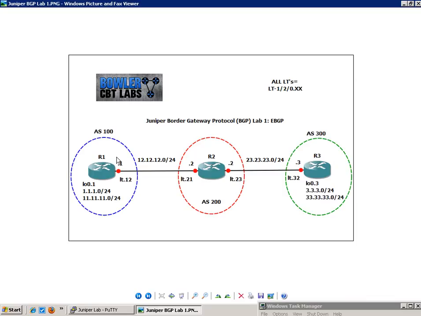And the reason that BGP is used is because it is very robust, scalable, and you can control and manipulate routing in a lot of different ways. You can use what's known as BGP attributes, such as multi-exit discriminator and autonomous system path.